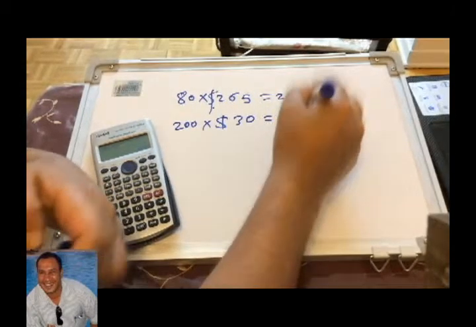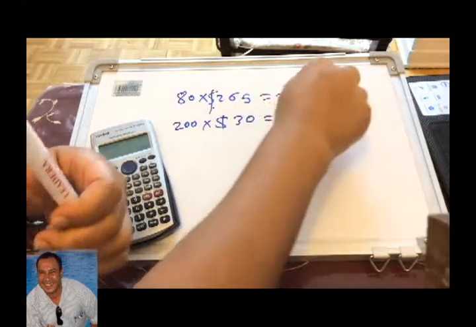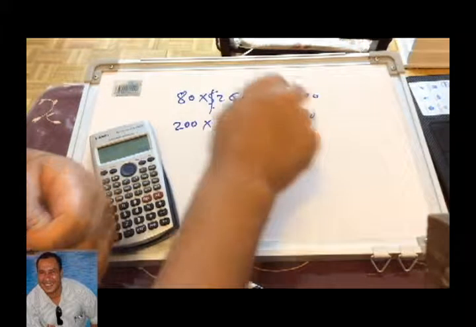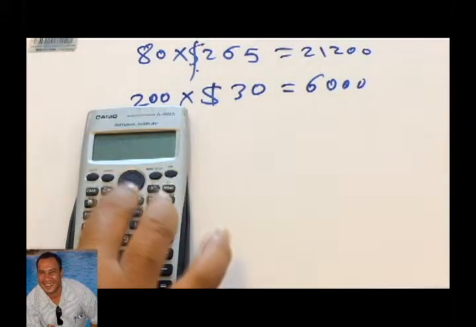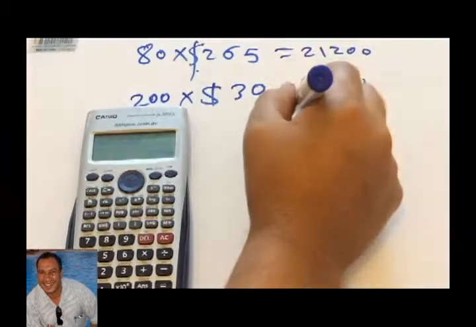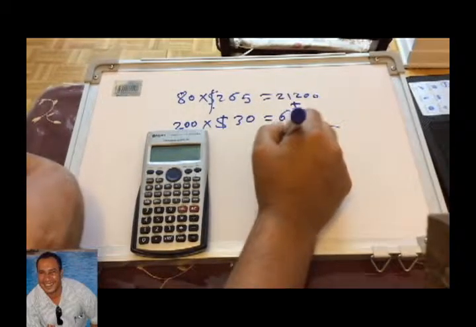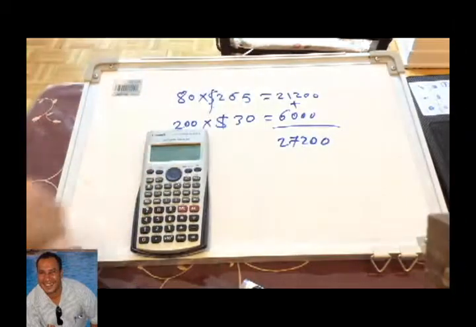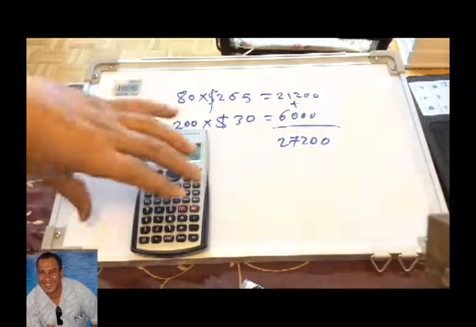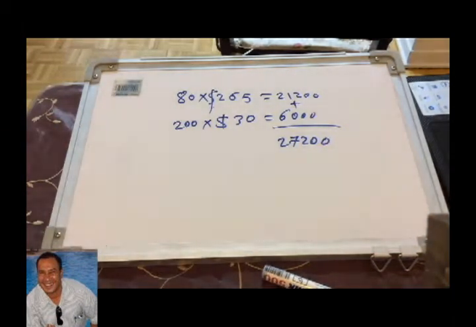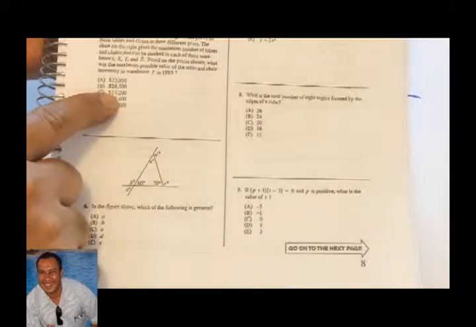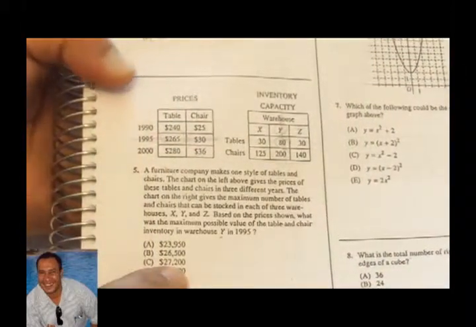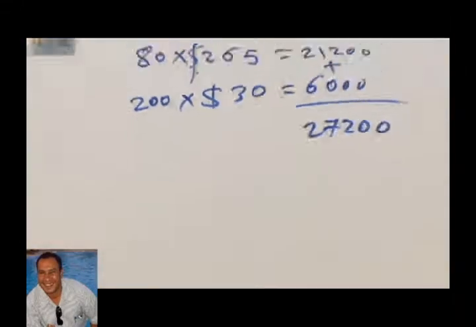We add the value of the tables and the chairs together. 6,000 plus 21,200 equals 27,200. We have this answer, it's C. So the answer is C.